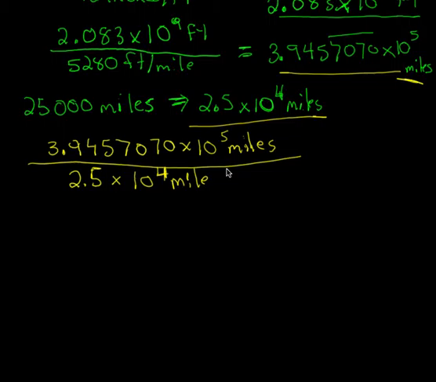So we start with our bigger number divided by our smaller number, which is the 2.5 EE 4, and we get 15.7828 repeating, or approximately 16 times.